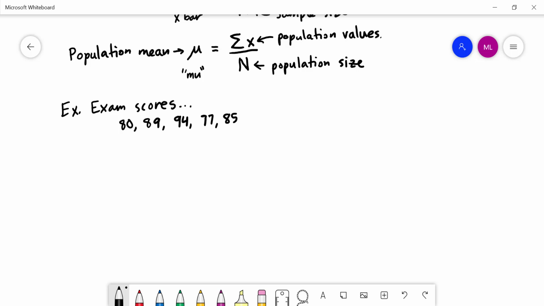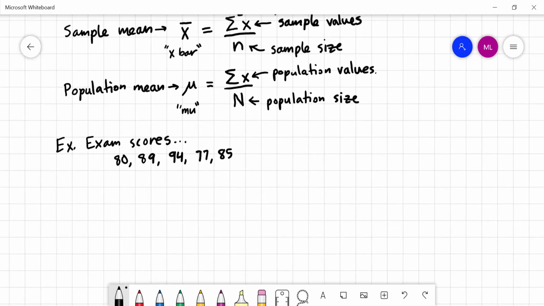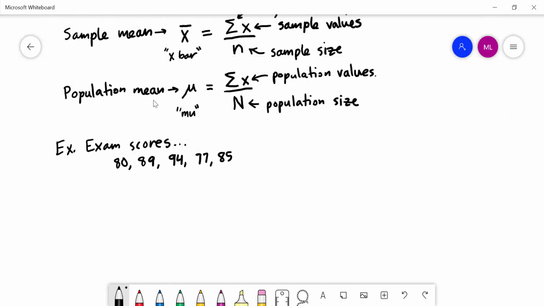If we want to find the mean, the first thing we need to figure out, so that we can use the correct symbols, is which of these two contexts makes more sense. Is this a sample or is it a population? Typically in a problem, they'll actually tell you this data set represents an entire population or it represents a sample. Other times we'll have to figure it out based on context.